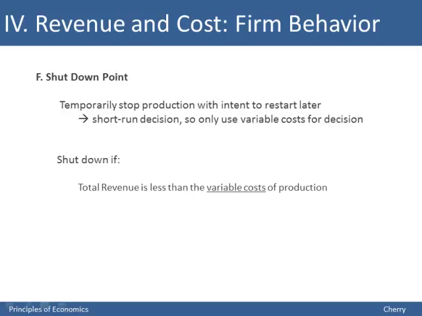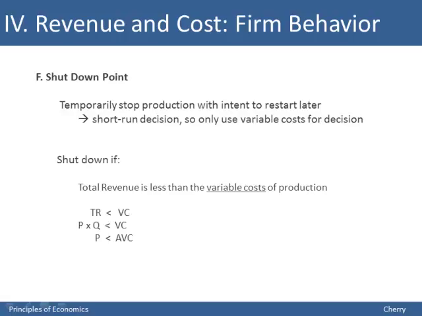So if we shut down, production is at zero, we can make variable cost zero. So we can eliminate variable costs. So we have control over that. Fixed costs, on the other hand, are more permanent, and our production decisions are not going to influence those fixed costs. So all we're interested in is variable cost, right? So we're going to shut down if total revenue is less than the variable cost of production.